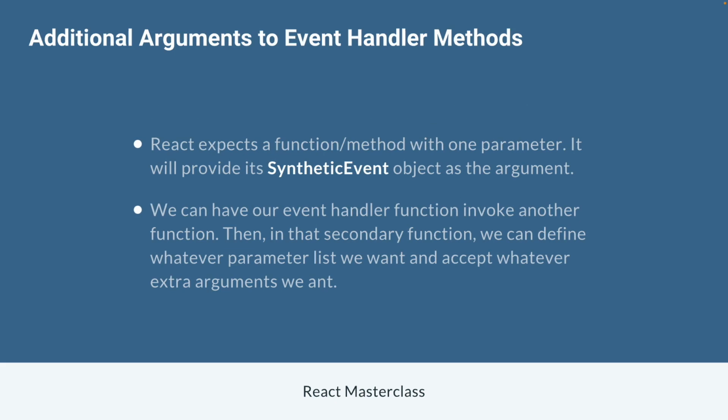All right, we also saw how we could provide additional arguments to event handler methods. So React expects a handler to be a function or a method with one parameter. And of course, React will provide its generated synthetic event object as that argument. So we run into a problem if we want to provide additional data into that function or method.